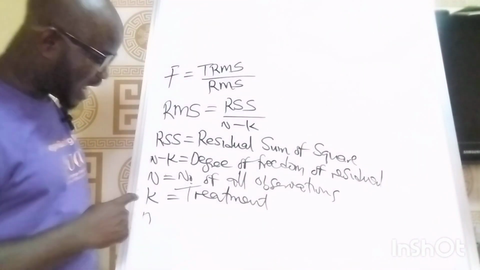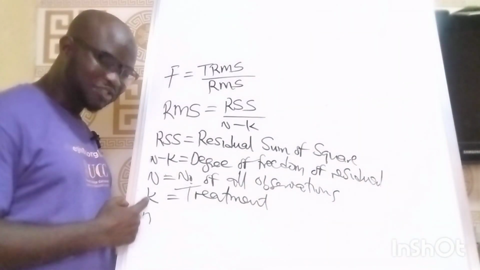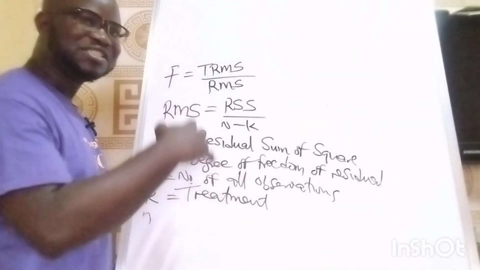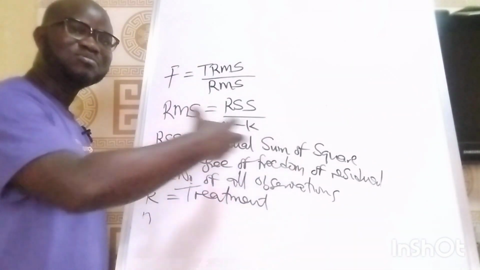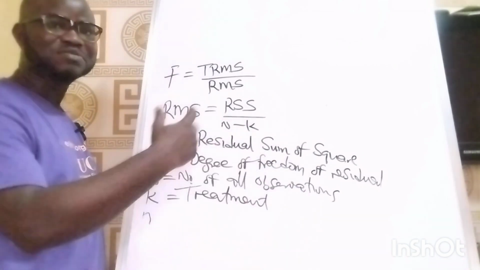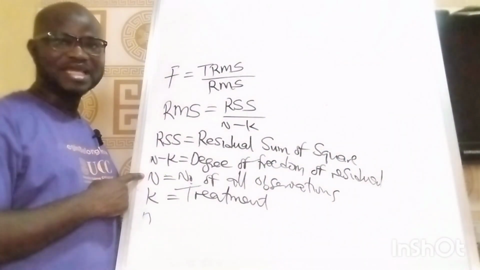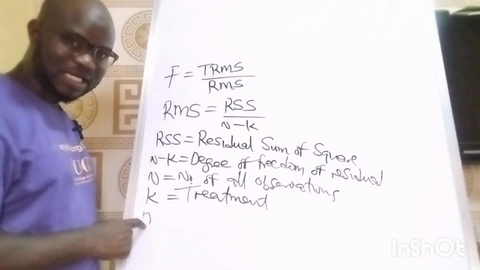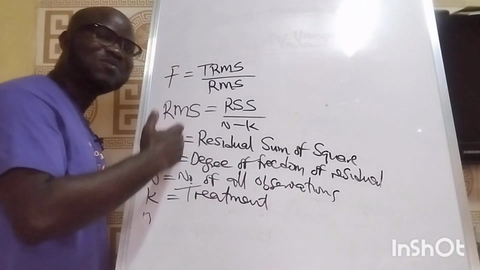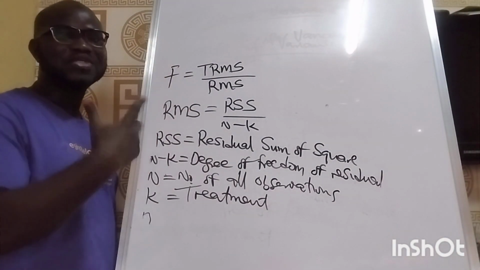Which means when you have treatment 1, treatment 2, treatment 3, the total number of observation you have in all treatments is representing this big N, while the small n is only the observation given to you in each treatment.